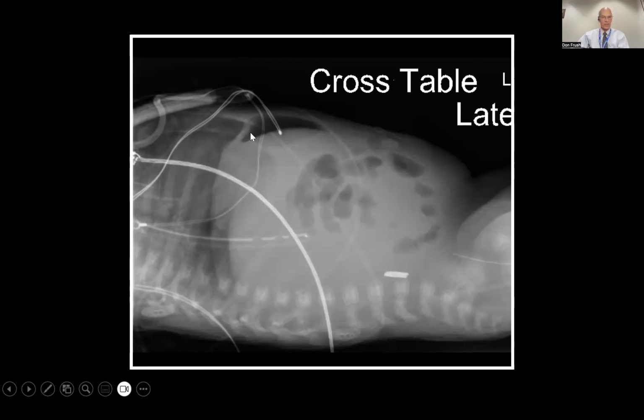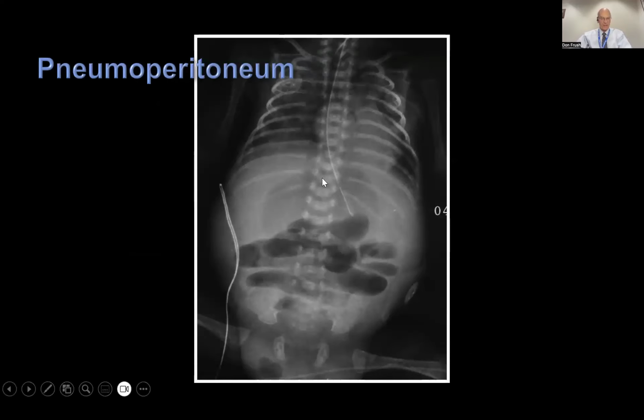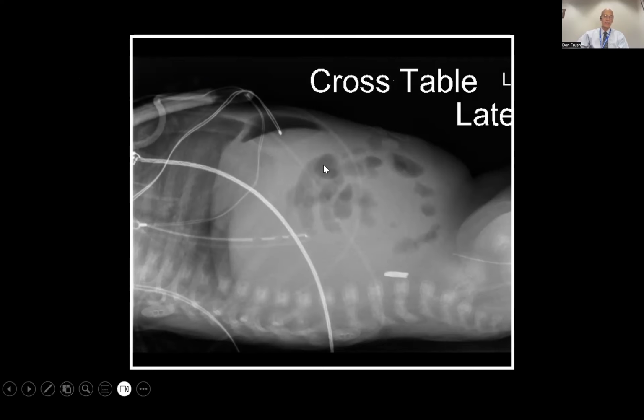appearance here is pneumoperitoneum. Now, what's the best way to look for pneumoperitoneum? The supine film manifests air this way, and this is a lot. Sometimes it can be very subtle. The cross-table lateral, particularly in ICU patients, sick patients, and so on, is a very good film to do. Some people like to get a decubitus.